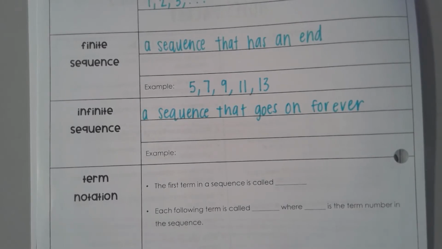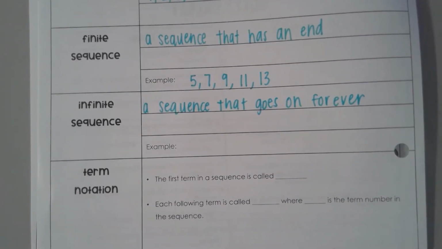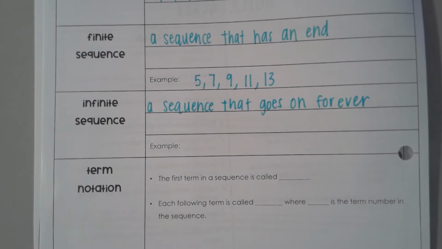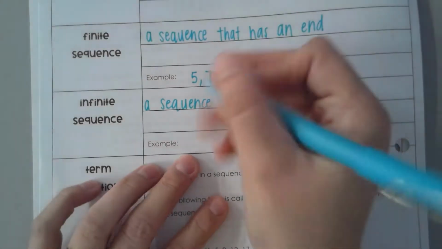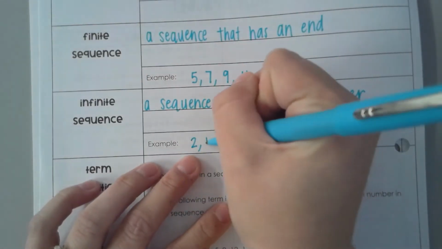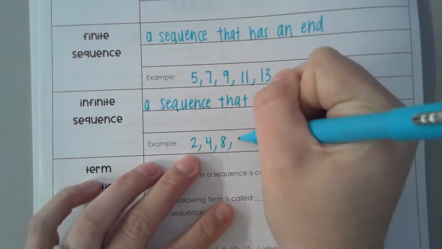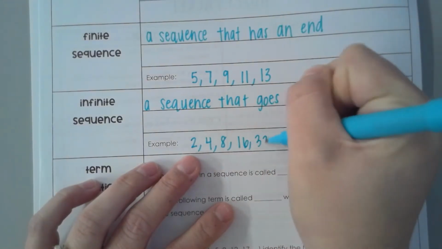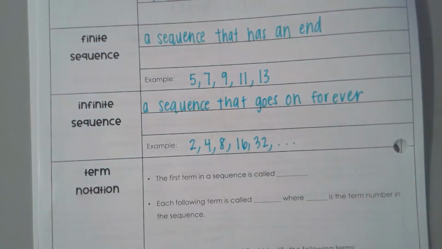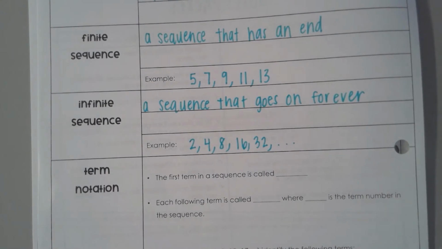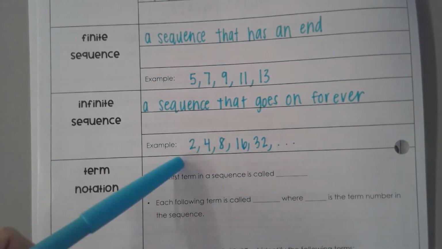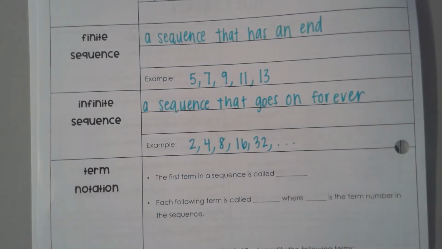How do I show that a pattern of numbers goes on forever? Anybody know? Dot. Yep. So if I have 2, 4, 8, 16, 32, dot dot dot, that means it goes on forever. What was my pattern here? It doubles every time. It doubles, yep.